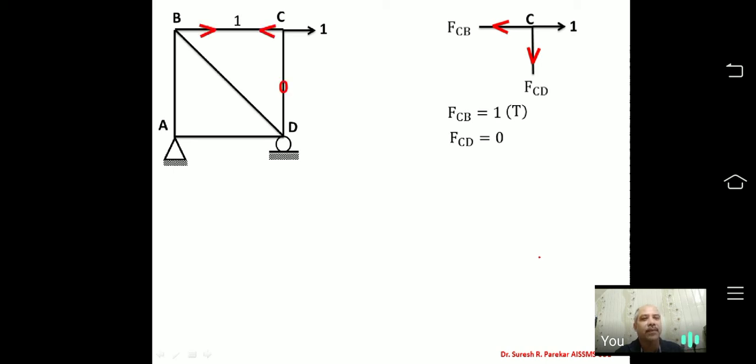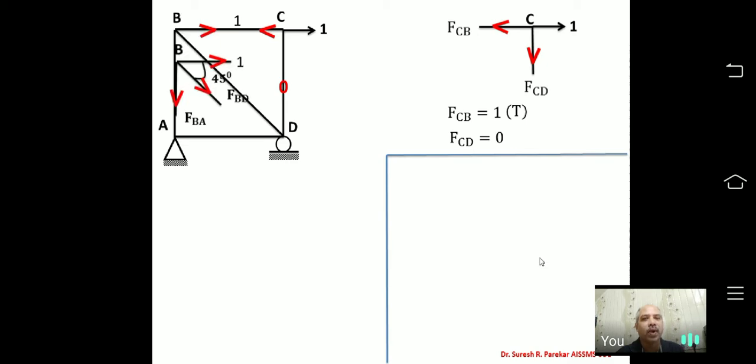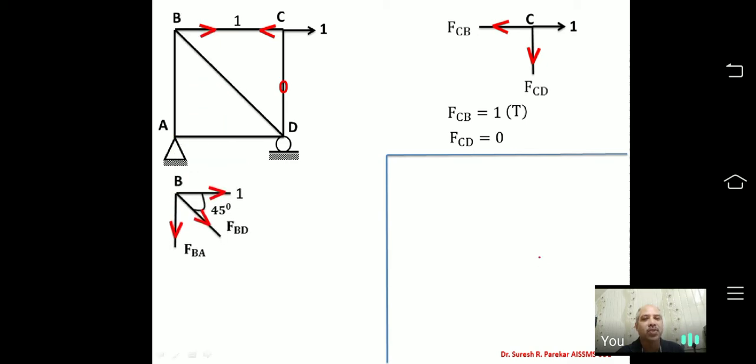You can see over here ΣFx = 0, ΣFy = 0, that will give me forces in member CB and force in member CD. After knowing these forces at joint C, I will switch over to the joint B, and at joint B again I have two unknowns, and I will consider these two unknowns FBD and FBA as tensile, and by using ΣFx = 0 and ΣFy = 0 I am in position to get the values of the forces in members.